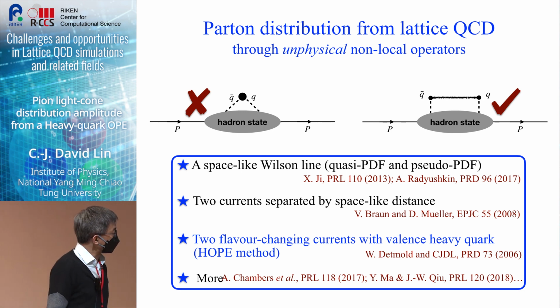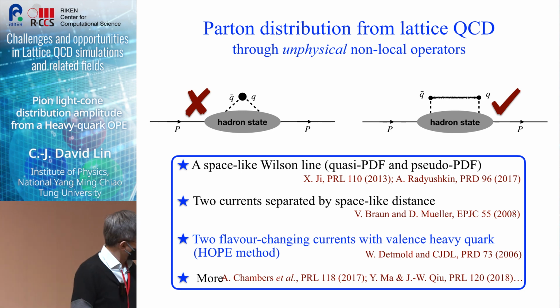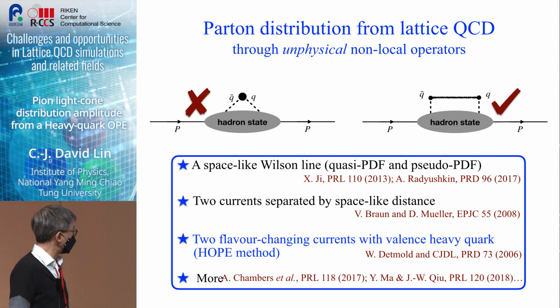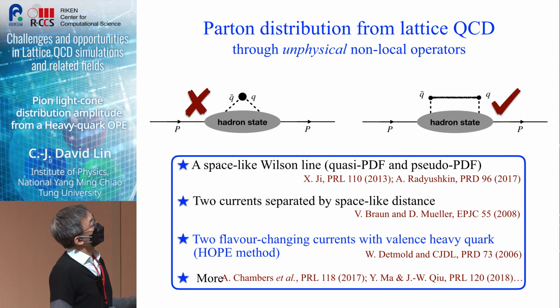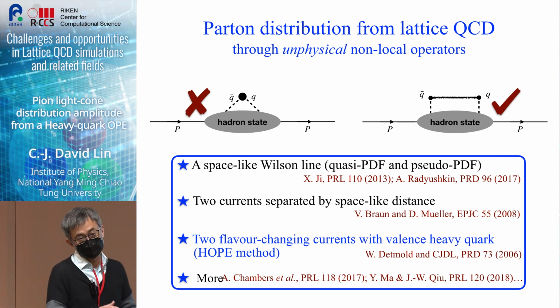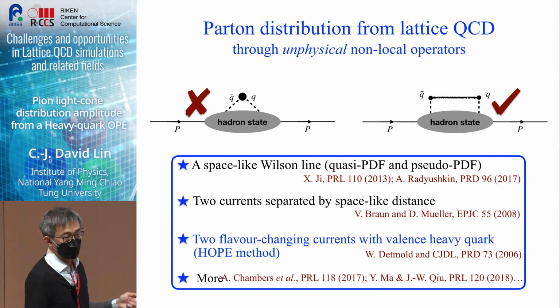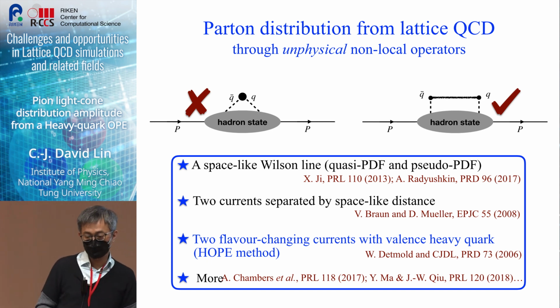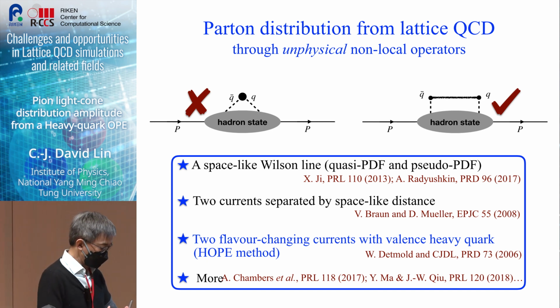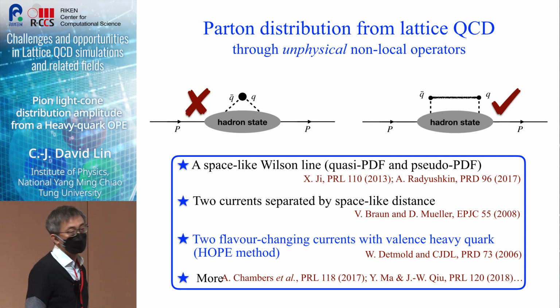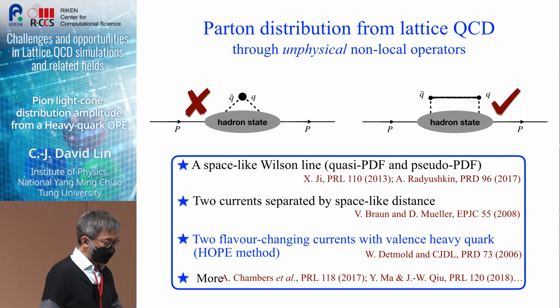the proposal Demot and myself put forward about 15 or 17 years ago. Our proposal is that we compute two flavor-changing currents here and here, and the current would couple, say, your physical light quark to a heavy quark that is not in the action, is completely valence, in the sense that it's quenched. But it's propagating.